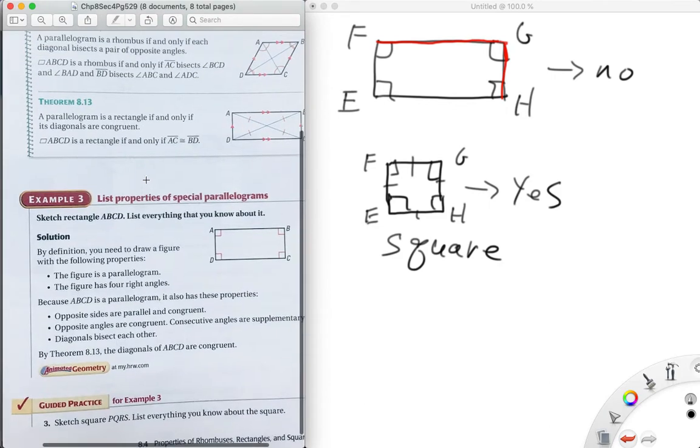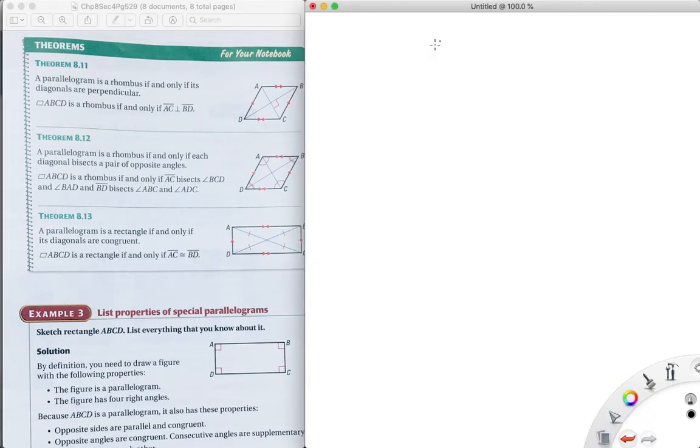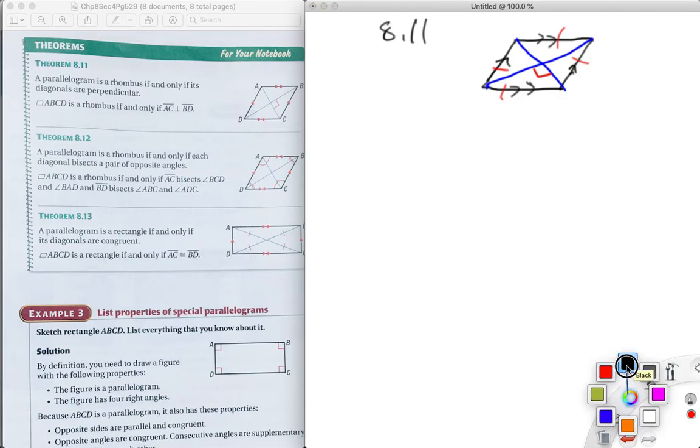All right, theorems. Theorem 8-11 says that if we have a rhombus, meaning that all 4 sides are congruent and opposite sides are parallel, if we were to draw the diagonals, those diagonals would be perpendicular to each other.